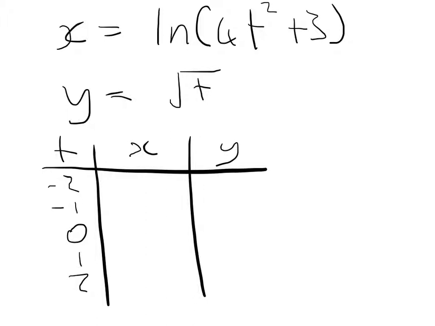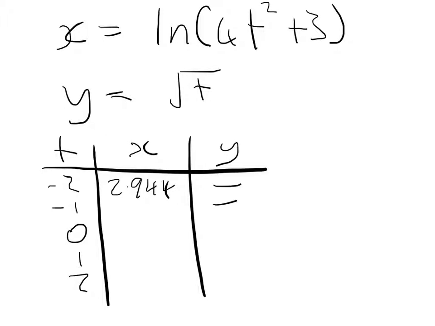So we start off with t is negative 2. Well, negative 2 squared is 4, times 4 is 16, so we can start off with log of 19. Log of 19, that's 2.944. y is going to be the square root of negative 2, which of course is undefined.